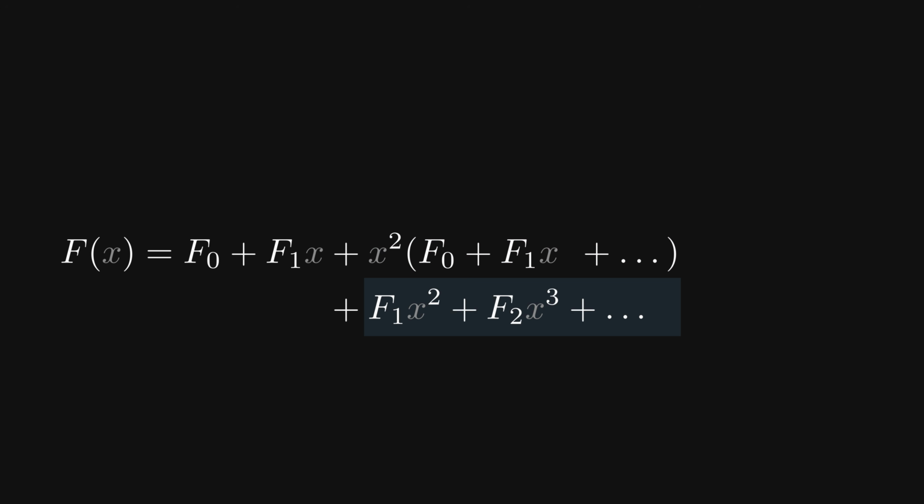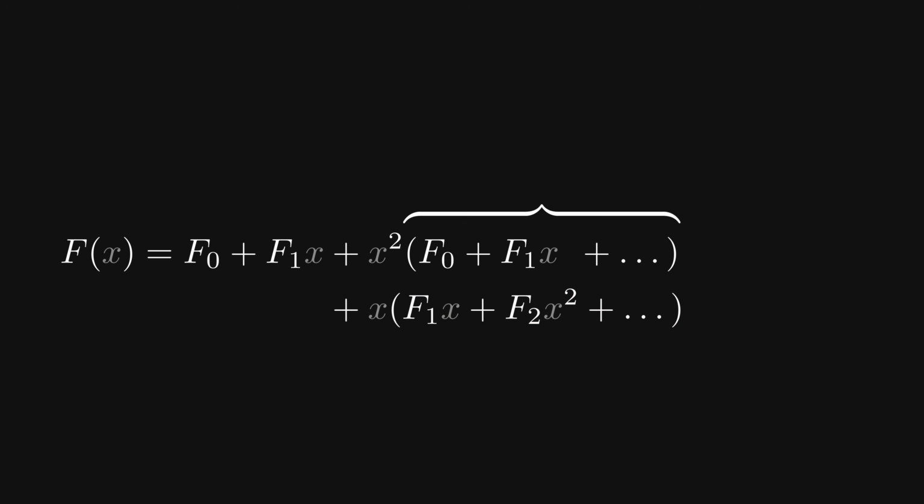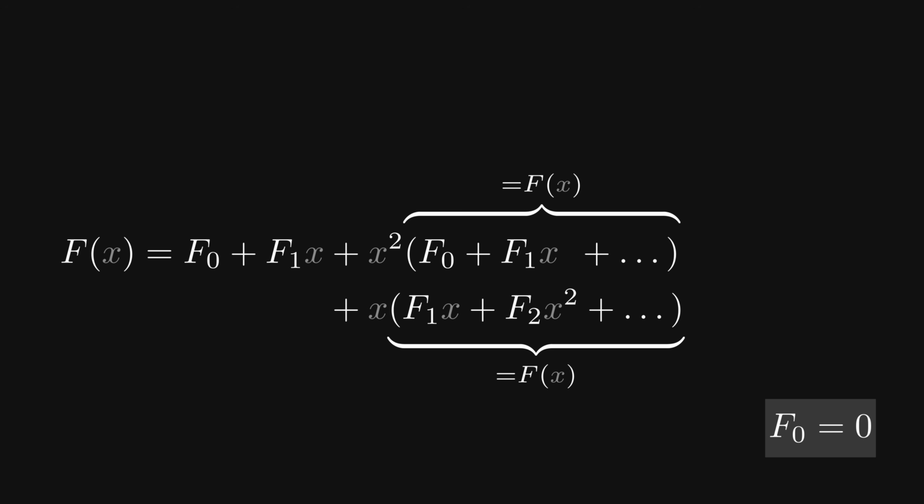Similarly, f1 times x squared plus f2 times x cubed, and so on, can be written as x times (f1 times x plus f2 times x squared, and so on). Lucky for us, both power series in the parentheses equal F(x), where we use the fact that f0 equals 0.